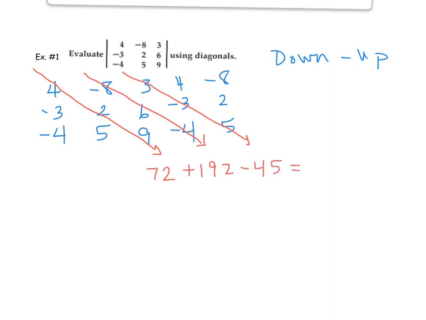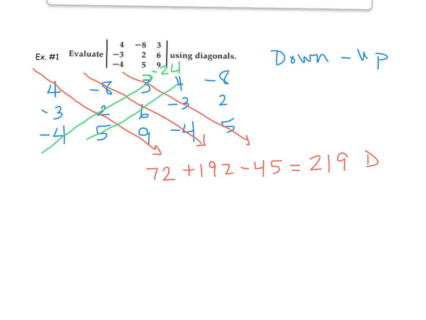So we're going to add all those up, and when you do that, the down diagonals are 219. Now we're going to subtract the up diagonals. I'm going to start in the lower left-hand corner, and we're going to go up. And when I do that, I get negative 4 times 2 times 3, which is negative 24.